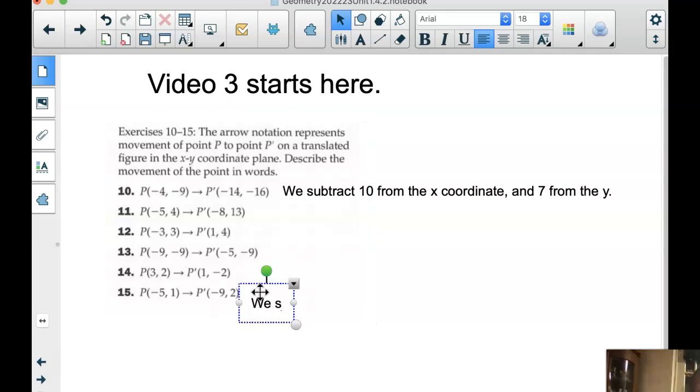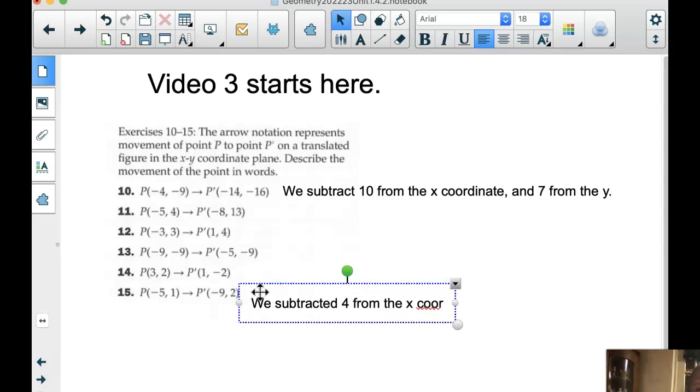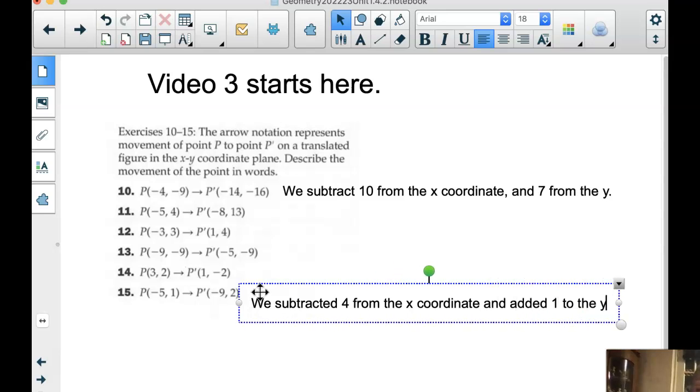We subtracted 4 from the x coordinate. And how do we get from 1 to 2? That's an easy one. We added 1 to the y. Everybody agree? Okay, I agree.